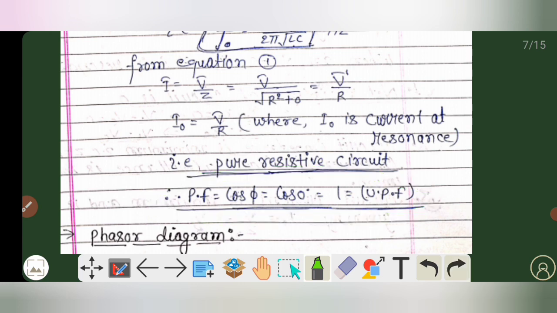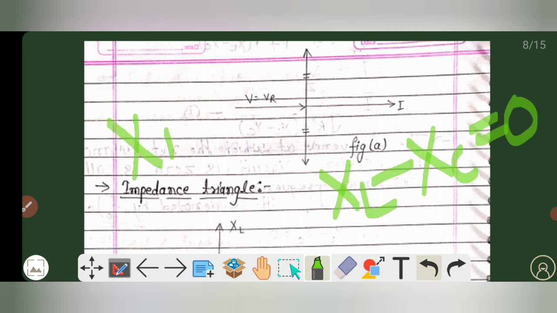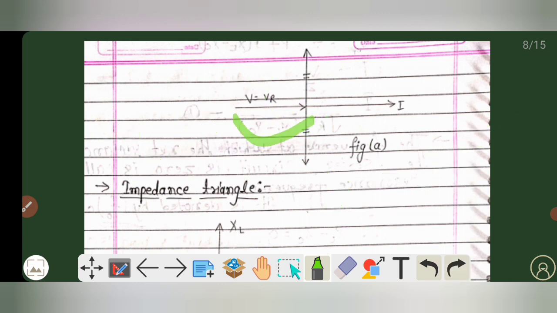Now we will discuss the phasor diagram. As we know, the net reactance, XL minus XC, in case of series resonance is equal to 0. So from here we can say that XL will be equal to XC. According to this, if you want to draw the phasor diagram, this will be your phasor diagram.